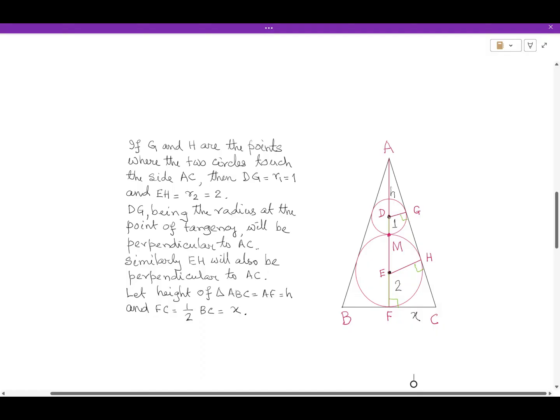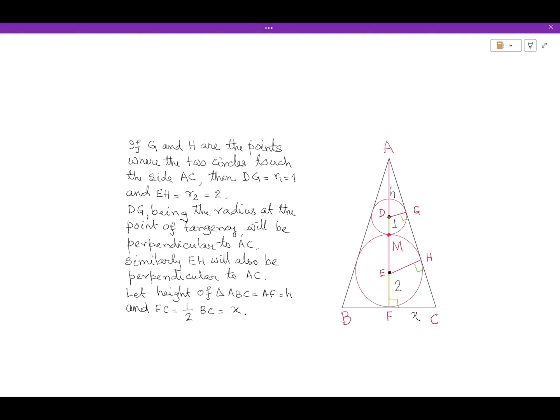If G and H are the points where the two circles touch the side AC, then DG, the radius of the smaller circle, is 1, and EH is equal to the radius of the larger circle, that is 2.